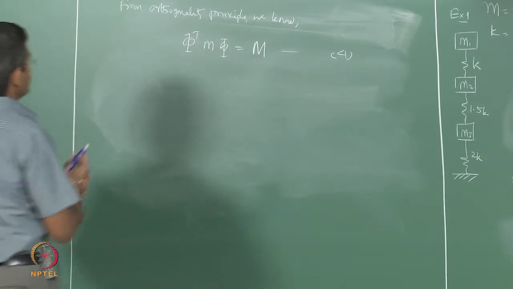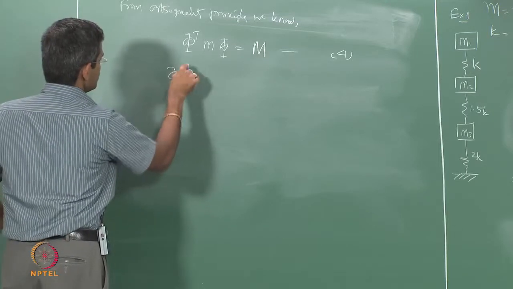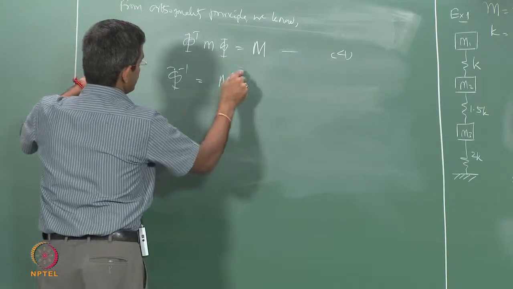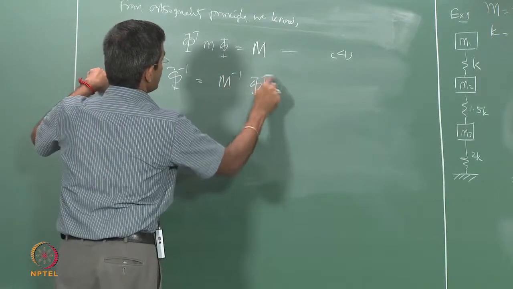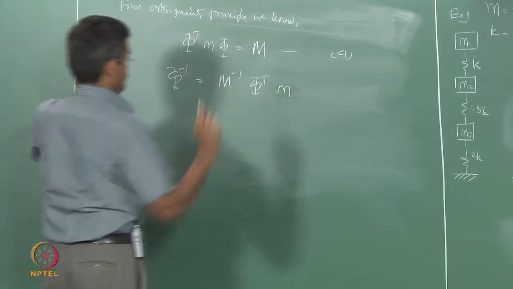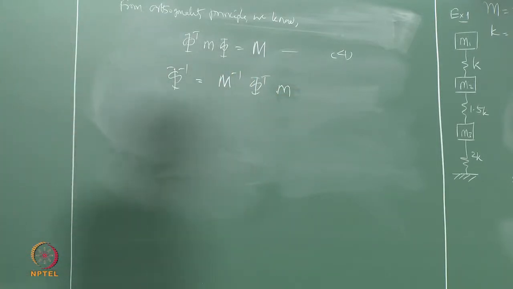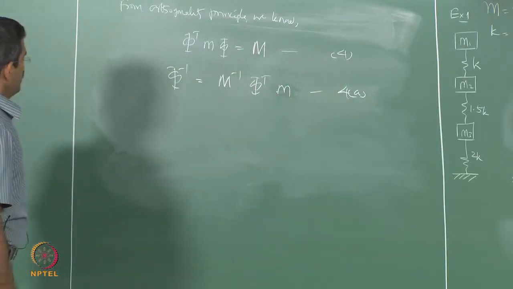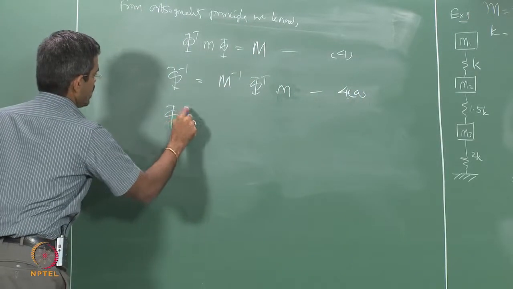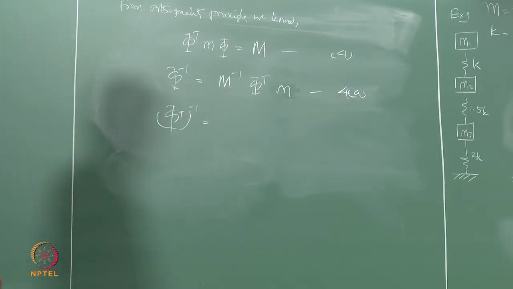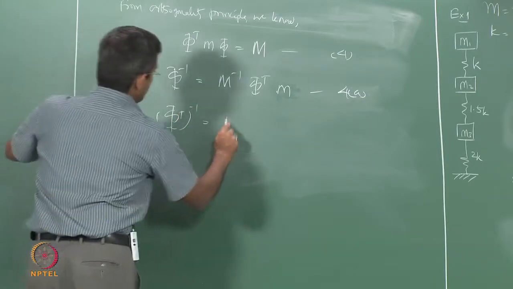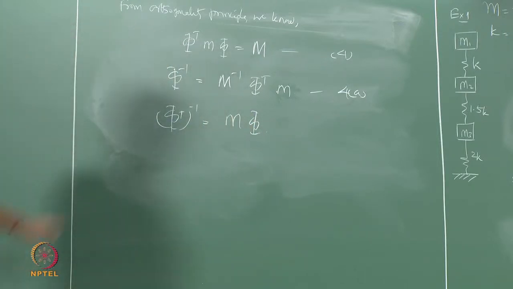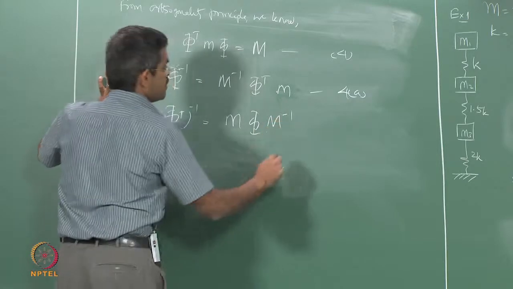Let us first find out phi inverse. Phi inverse, of course, is M inverse phi transpose m, call this 4a. Let us now get phi transpose inverse, which will be m phi M inverse, call this 4b.